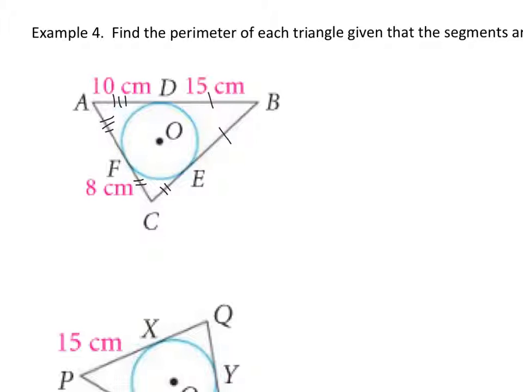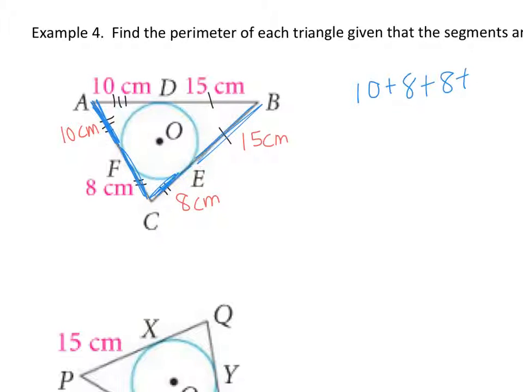Now I'm going to go in and fill in the missing ones: 15 centimeters, 8 centimeters, 10 centimeters. Now if I'm trying to find the perimeter, I'm going to add up all the sides. I'm going to shade the ones so I don't miss them. 10 plus 8 plus 8 plus 15 plus 15 plus 10.